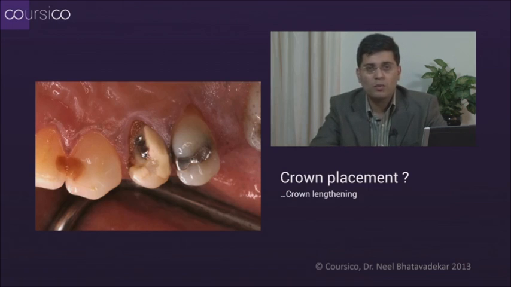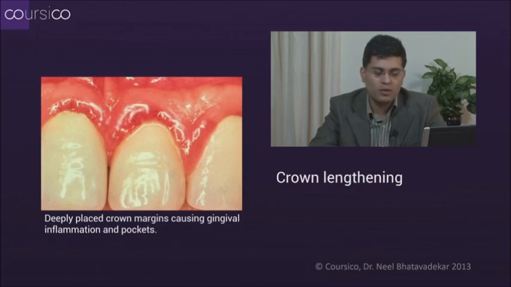One of the most common mistakes in dentistry is placement of crowns without respect to the biological width. The biological width concept I'll touch on in a few slides. But as you can see in this photo, for instance, there are deeply placed crowns and you have a lot of edema, a lot of inflammation along the gingival margins. Now, the most common thing that dentists do is blame their patients.